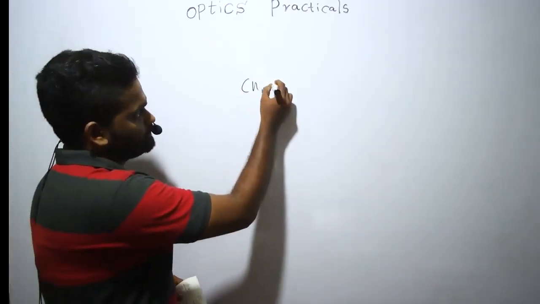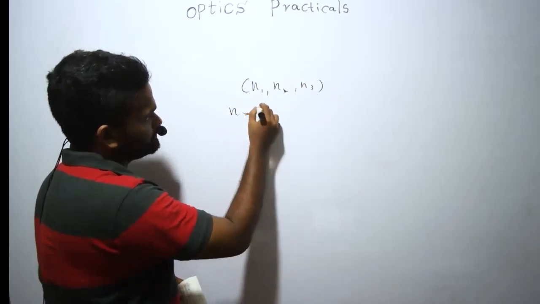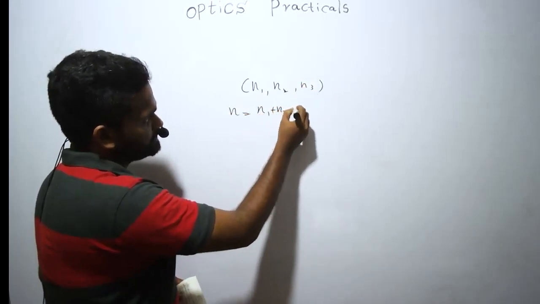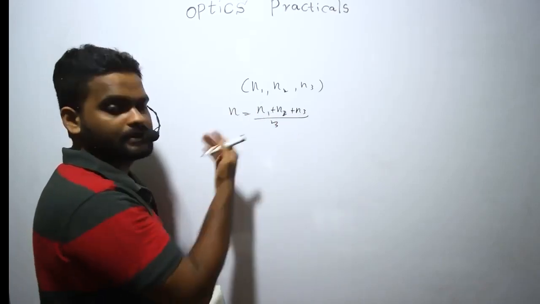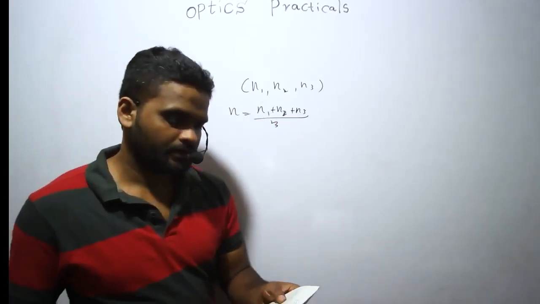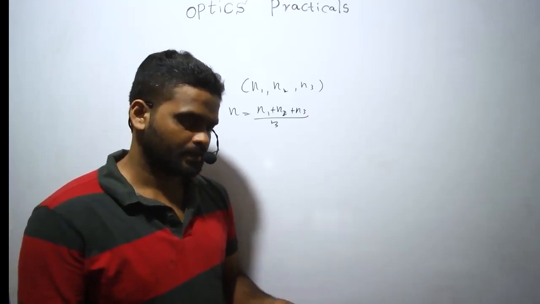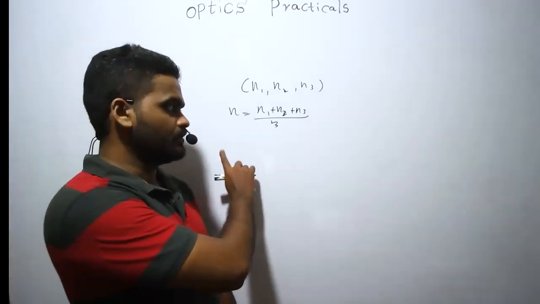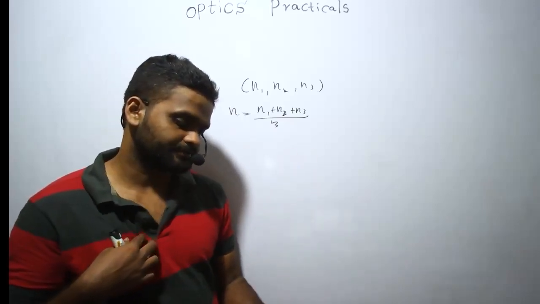So if those values are N1, N2 and N3, the average is this one. You can take this down. So this is a more accurate value for the refractive index. Below that, this decreases the random error.